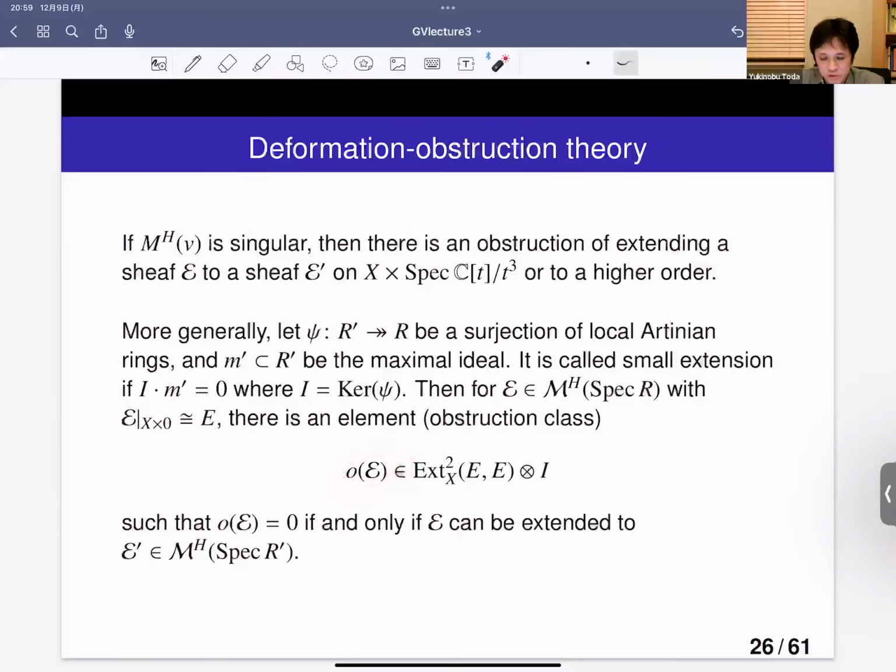This obstruction class vanishes if and only if the sheaf E can be further extended to Spec of R prime. For example, R prime might be C[t]/t^3 over C[t]/t^2. So in this case, there is some obstruction class, and this obstruction class vanishes if and only if it can be extended to higher order. This kind of phenomenon can be packaged into the so-called deformation obstruction theory.